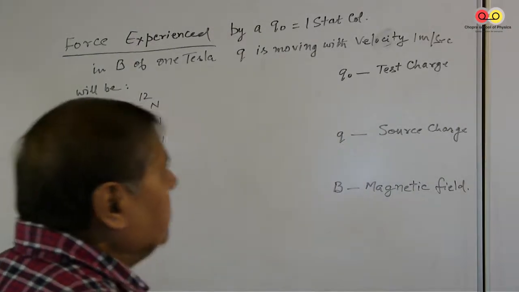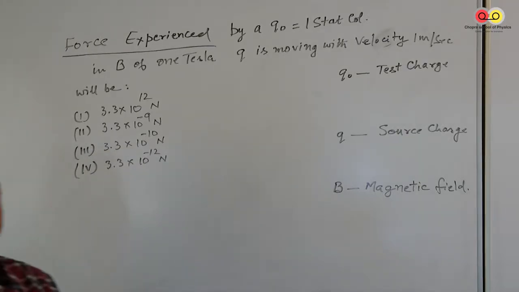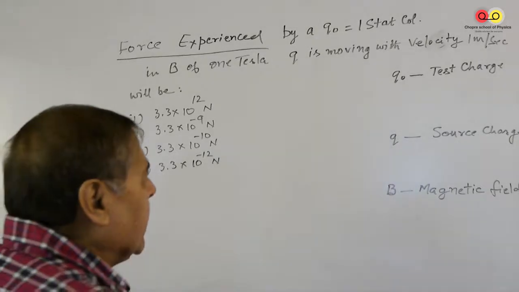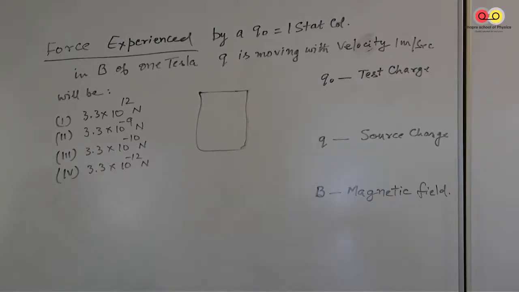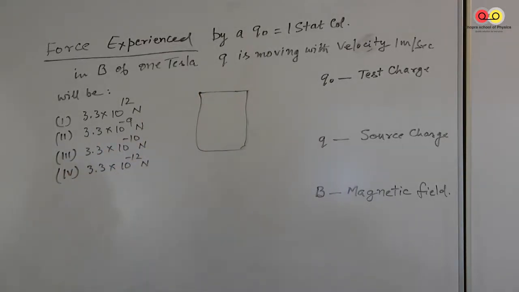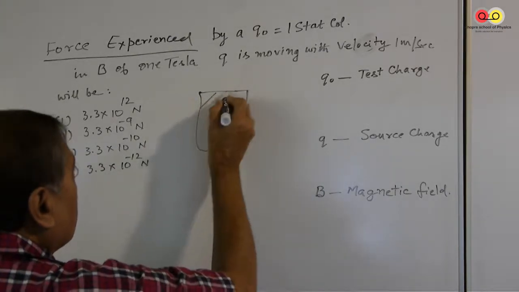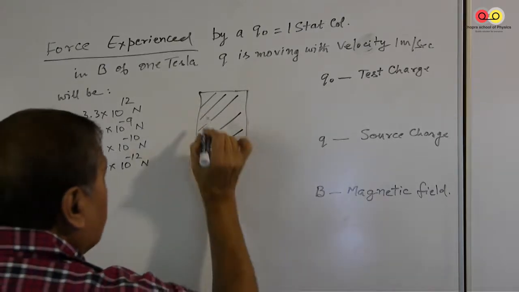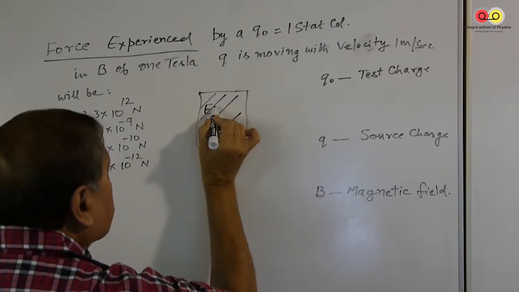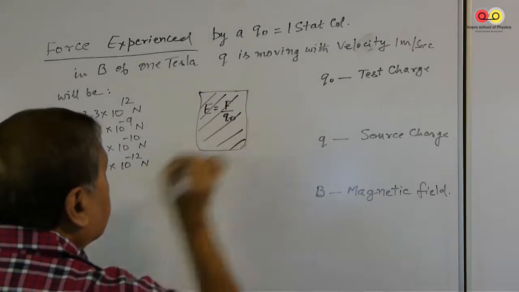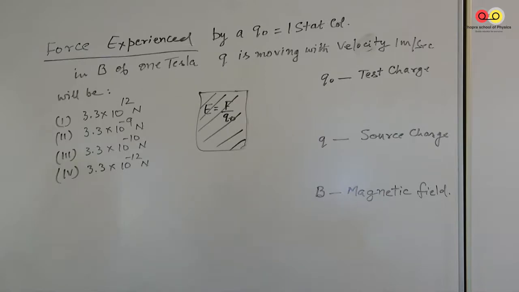You will always remember that whenever we take electric field and we put some charge in the electric field, for example, here I have drawn electric field. And you remember that electric field is given by F over Q naught. This is the formula.